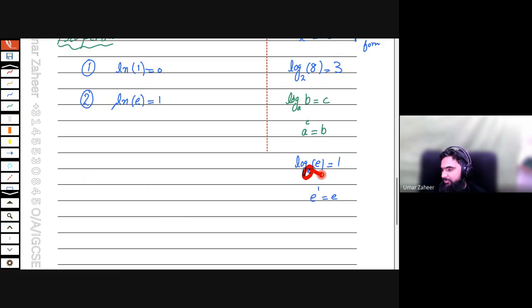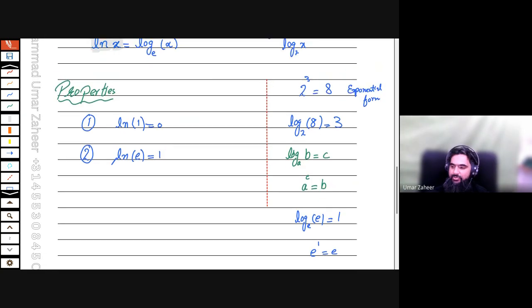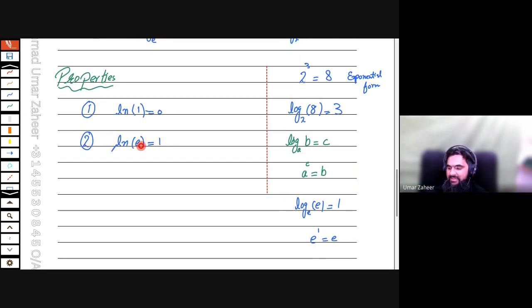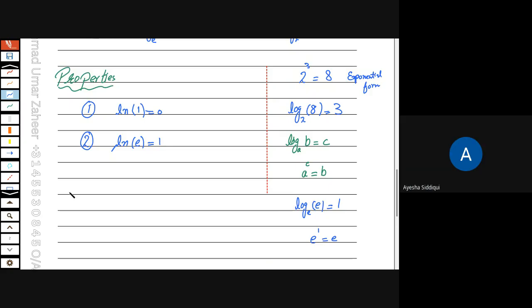The log with base e, the answer is 1. We are writing that one here. So remember that if you're taking the natural log of e, that is always 1. Yes. Any confusion about the second rule? No, sir. Yes, Aisha, is it clear for you as well? Yes, it's clear. All right.